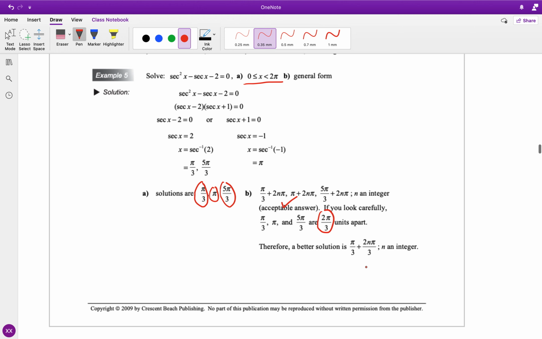So it is repeating 2/3 pi, multiplied by the number of repeats. So this is the so-called better way to write the general form.